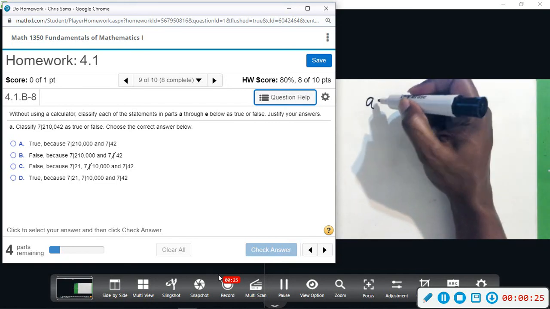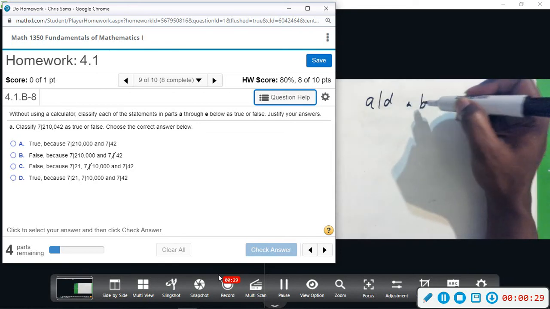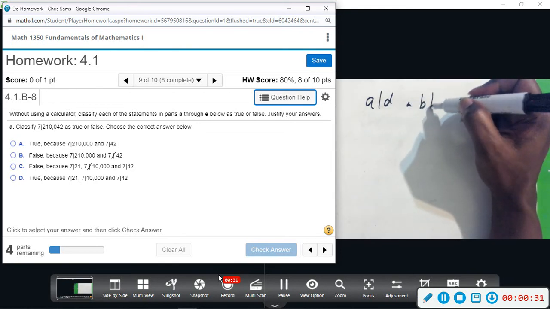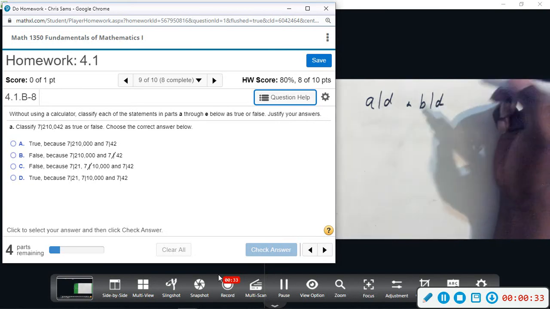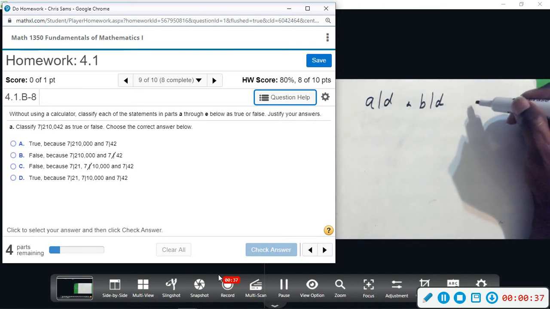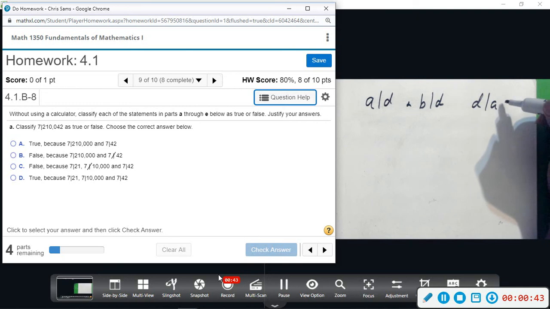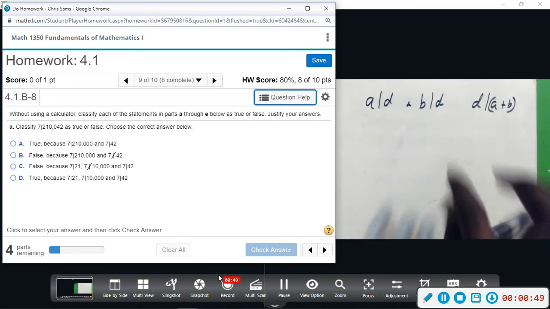It says if A divides D and B divides D, then I think it's D divides A plus B. I may be writing that backwards, but something to that.